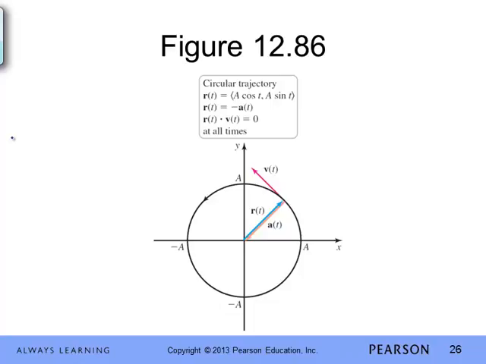Now, another way to look at magnitude R of t squared is to take the dot product as well. It's probably not very clear right here by looking at that R prime and R are orthogonal to each other, but we could also take a look at that if magnitude r squared is equal to some constant, magnitude r squared can be thought of as r of t dotted with itself.